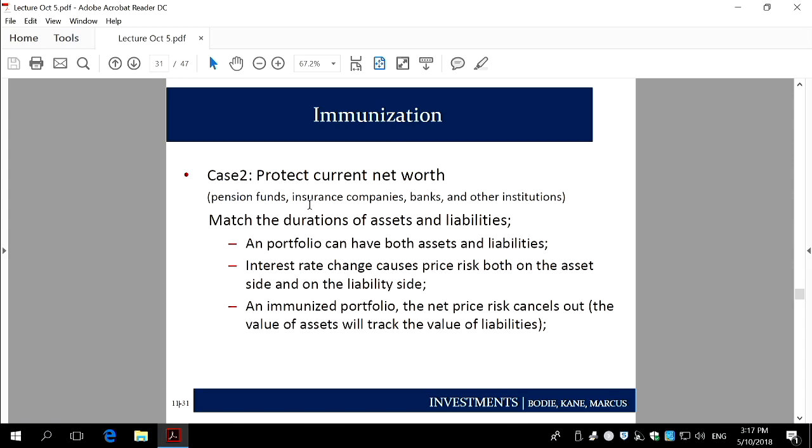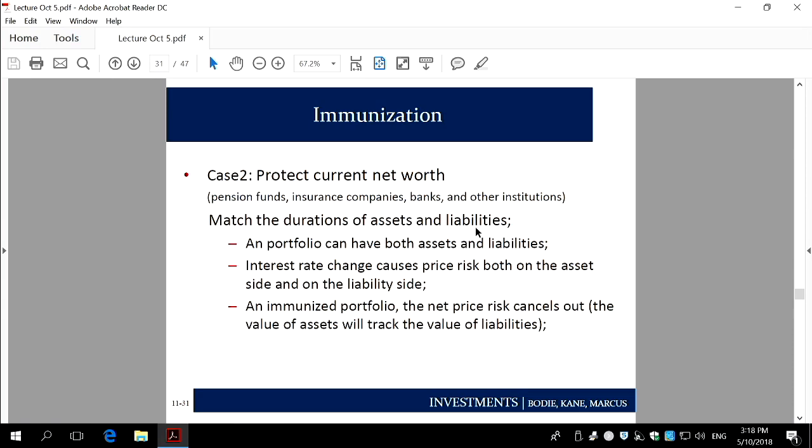One important feature of those institutions is that they have both assets and liabilities. For example, commercial banks have liabilities to all those depositors, all those customers, and they have assets if they have commercial loans. So for financial institutions, they have an asset side and a liability side.